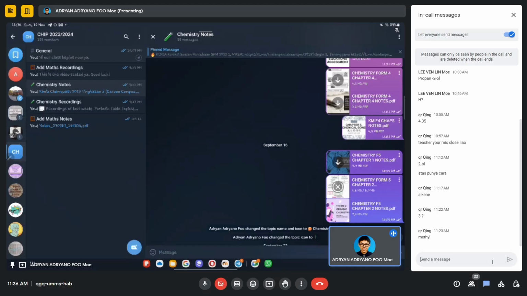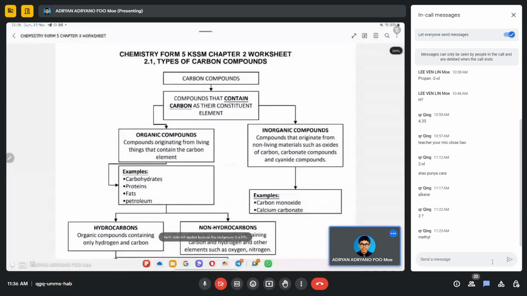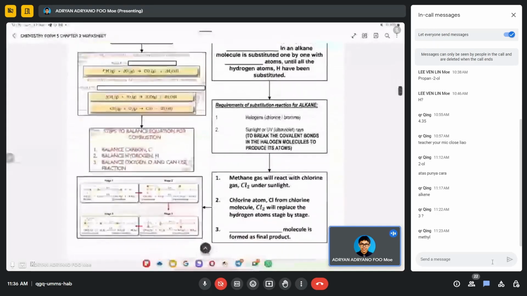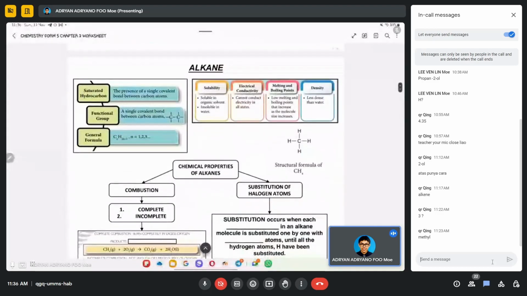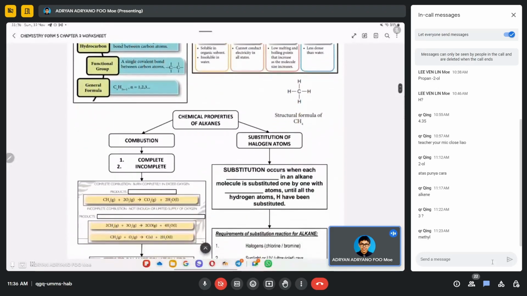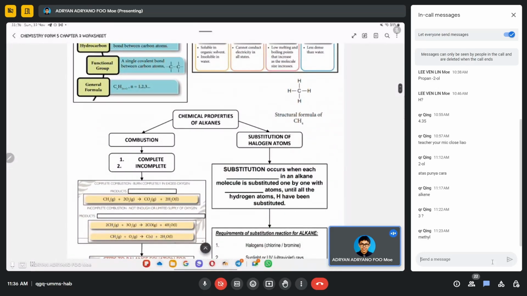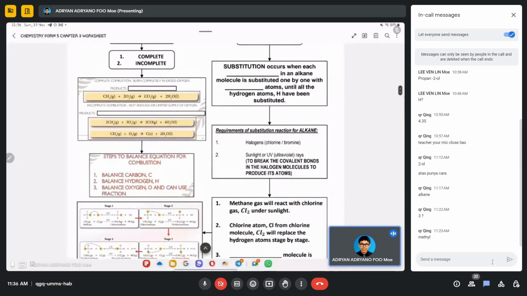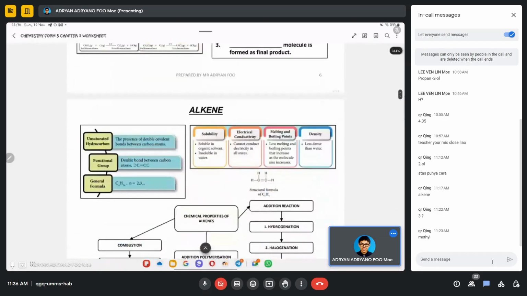If you really want to revise, you can print this and do it as your revision. This is the complete one. I've already made it very simple, compressing the whole topic into one set of notes, so you can try it and fill in the blanks.